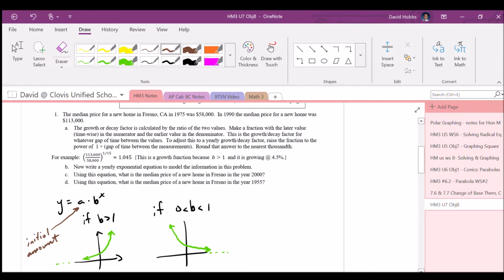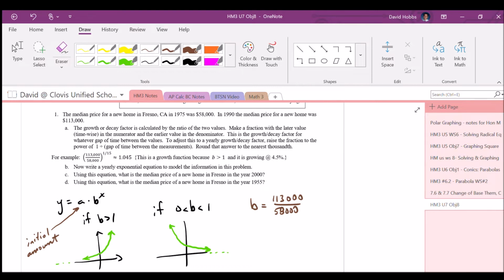Okay, and we calculate the growth or decay factor, the b value, by doing a ratio of those two values. So b is equal to the second data value over the first data value. The second data value is 113,000, and the first data value is 58,000.